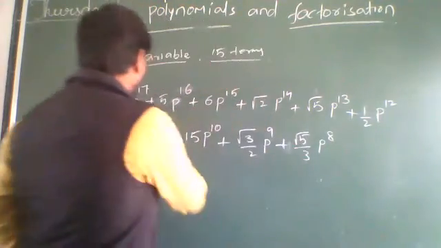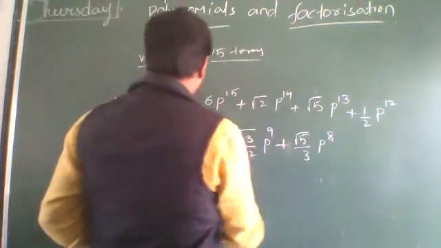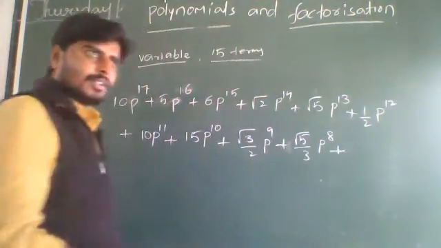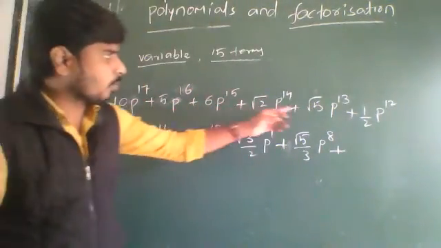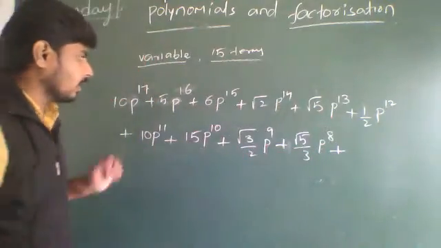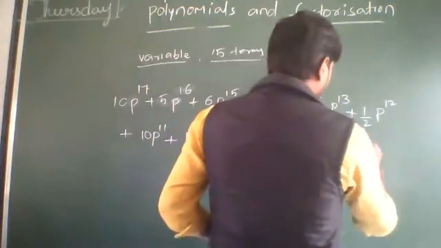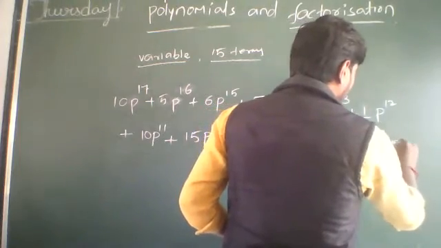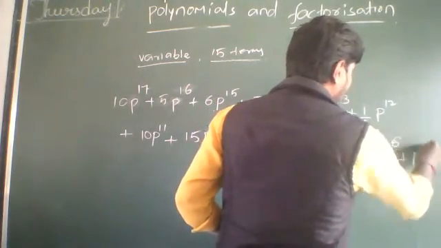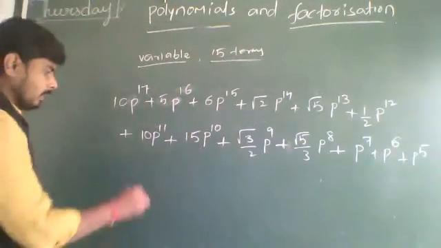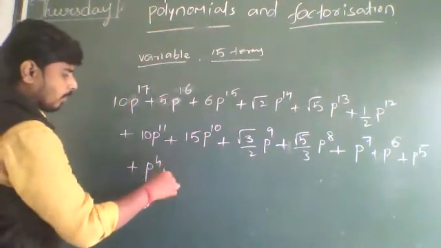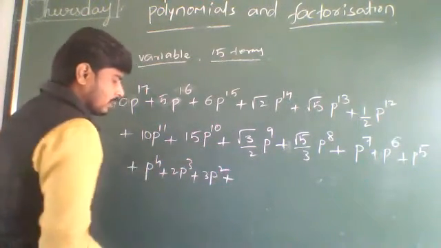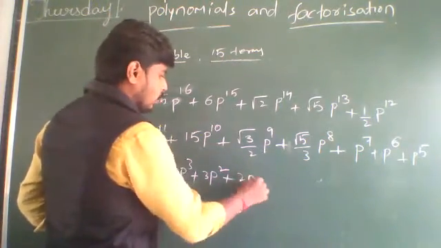How many terms so far? 1 2 3 4 5 6 7 8 9 10. And then next, p power 7 plus p power 6 plus p power 5 plus p power 4 plus 2p cube plus 3p square plus 2p.